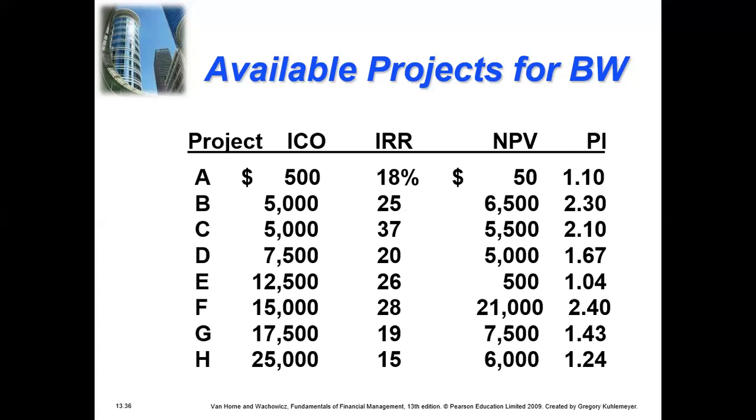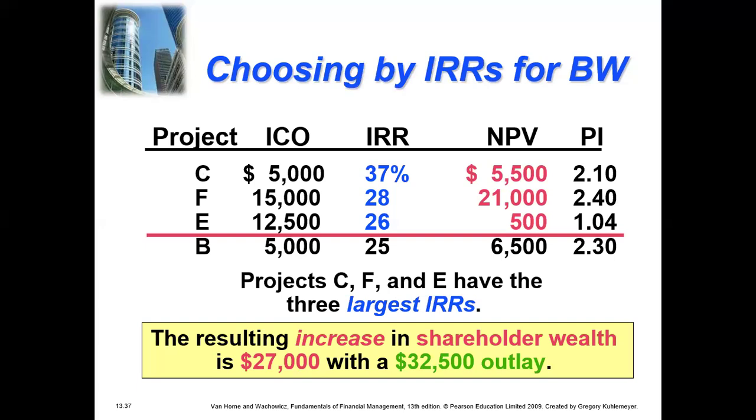This is NPV, net present value. If we add these 3 NPVs of C, F, and E projects, this will be $27,000. It means by investing in these 3 projects, C, F, and E, the company's wealth will increase by $27,000 because they have the largest IRRs.